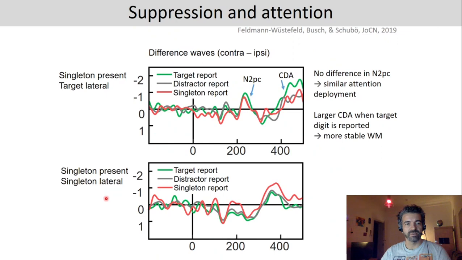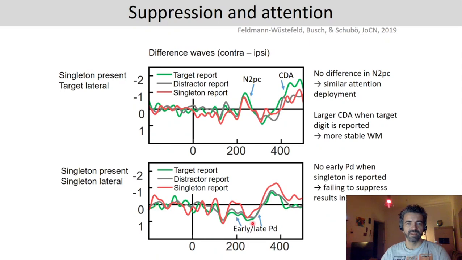So the target was here presented on the vertical midline, not affecting the lateralized ERP. And then what we compared was trials in which the target was reported, a distractor was reported, or the singleton was reported. And as you can see, there was no early PD when the singleton was reported.